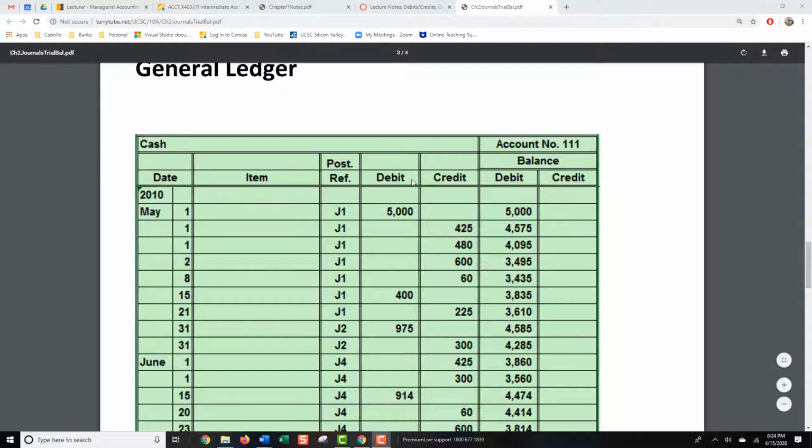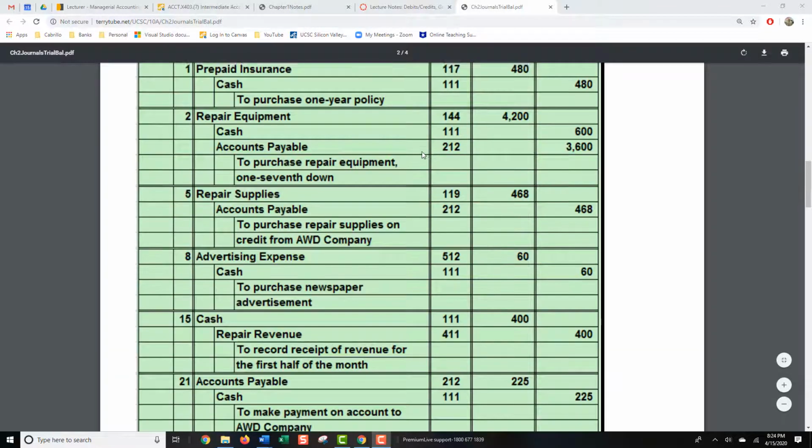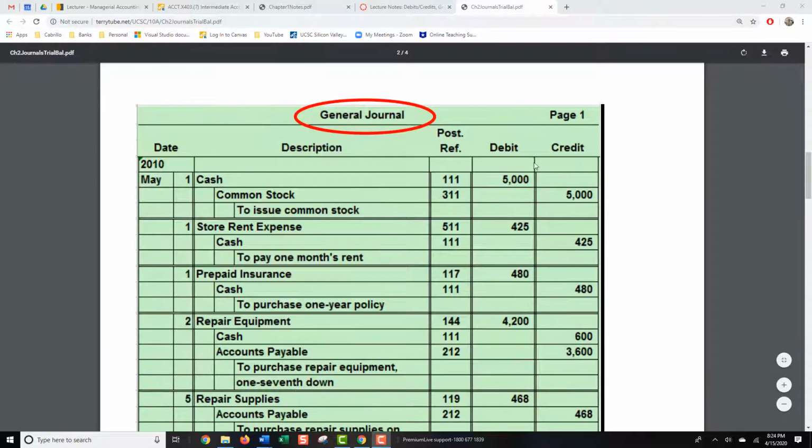So this ledger account, for every account that you create, this one happens to be cash. So back up here where we sold shares of stock, so we got cash. Then the second transaction, we paid rent, so there's a credit to cash. We paid some insurance, so there's a credit to cash. We bought some equipment, credit to cash. So a debit to cash for the investment and 3 credits.